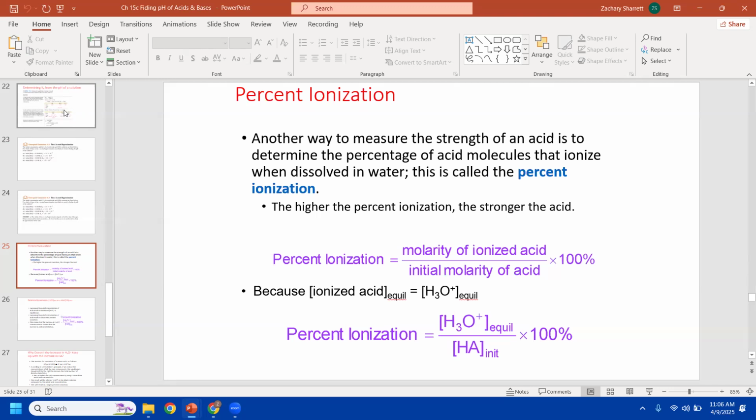The percent ionization is the concentration of the H plus. And remember, H3O plus and H plus are interchangeable. The concentration of H plus at equilibrium, so after you have calculated the equilibrium concentrations, and we have to use the Ka values, which is just the equilibrium value of that specific acid, over the initial concentration of the unionized acid.